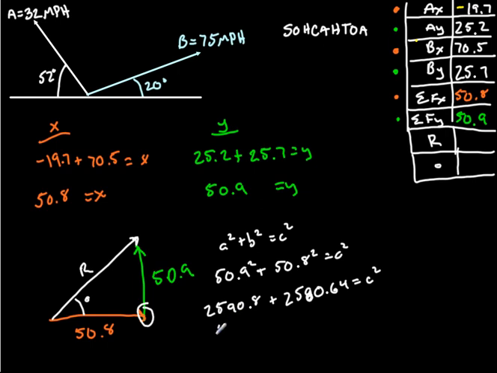We're going to add them together. We get about 5171.45 equals c squared. And in order to get rid of the square, we do a square root.